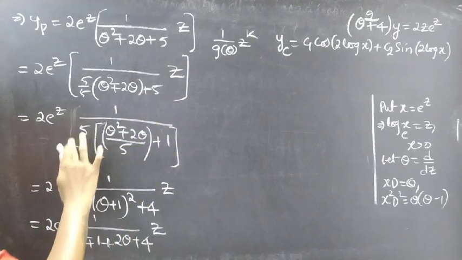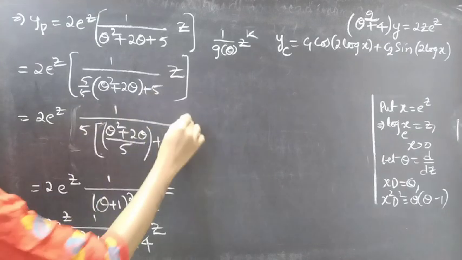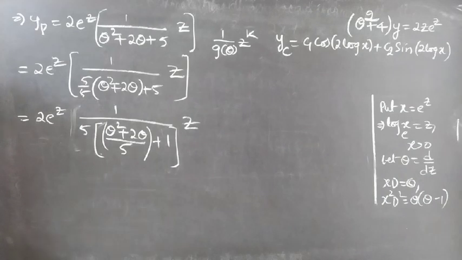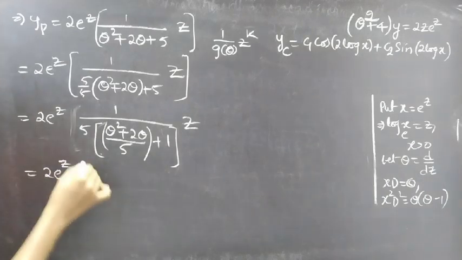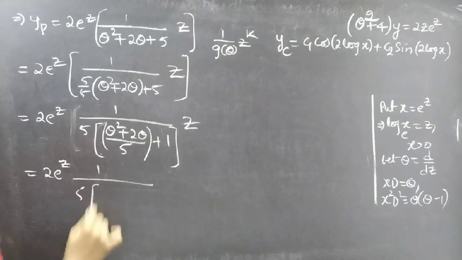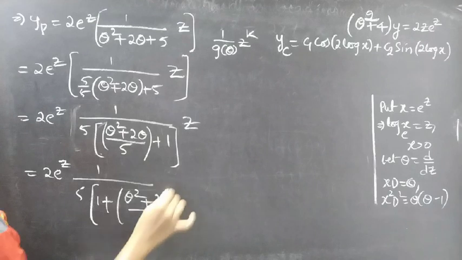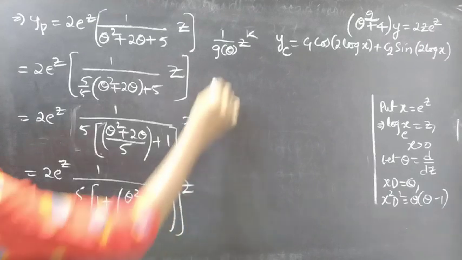Okay, into z. This becomes 2 e power z into 1 by 5 into, we can write this as 1 plus theta square plus 2 theta by 5 into z.